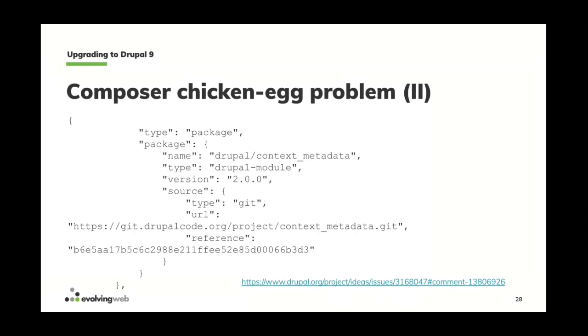You set a reference either to a commit, to a branch, or whatever you like. And then when you require this module and this specific version, it will work. And it won't conflict because it won't try to resolve dependencies because you are defining the repository right there in your project. So it's great and it will work.